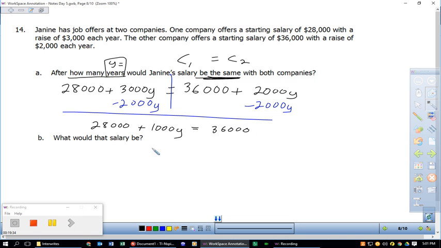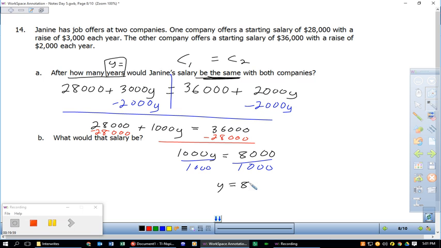Okay, so next we're going to have to subtract 28,000 from both sides. All right, and that gives us 1,000 y equals 8,000. Dividing by 1,000, we get y equals 8. So they're going to be the same in 8 years.